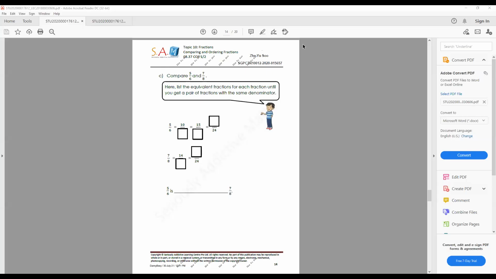Okay, turn to page 14. Now for page 14, you are to compare 5 out of 6 and 7 out of 8. Let's look at the equivalent fractions of 5 out of 6.